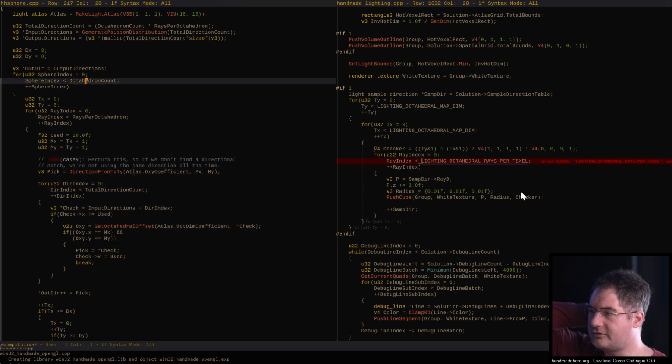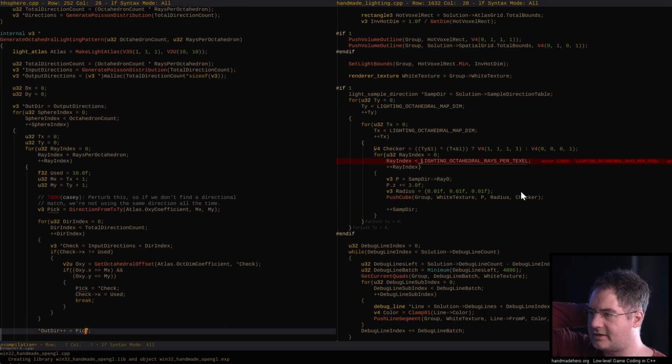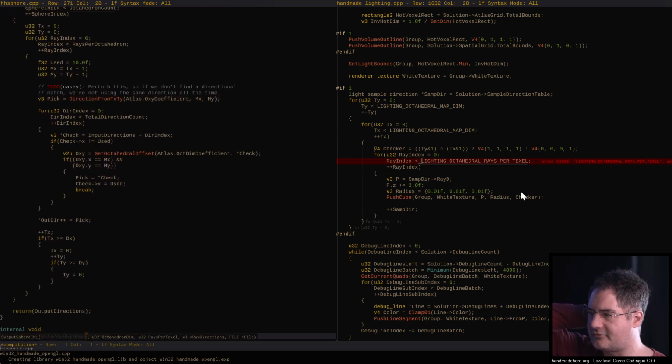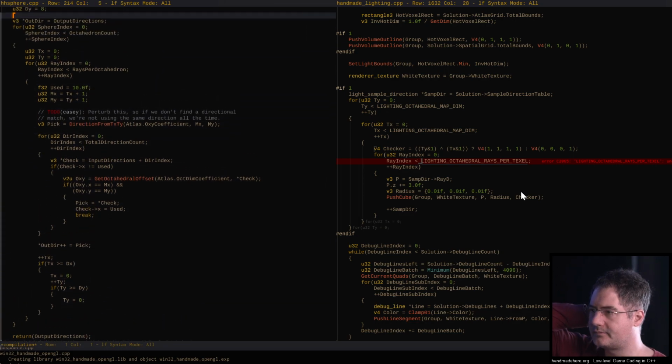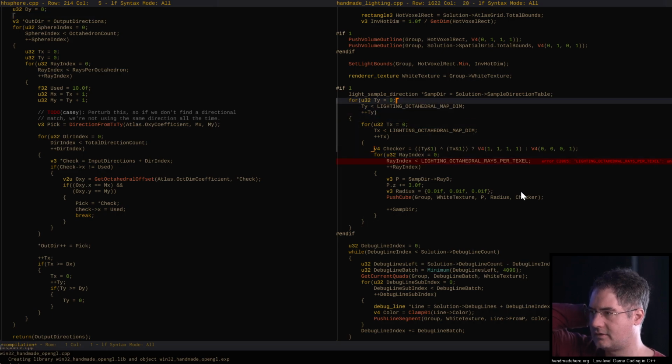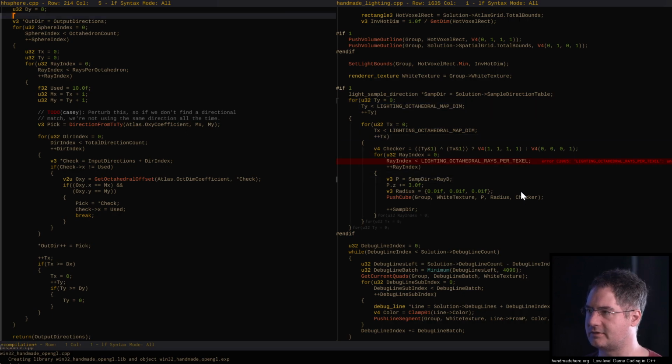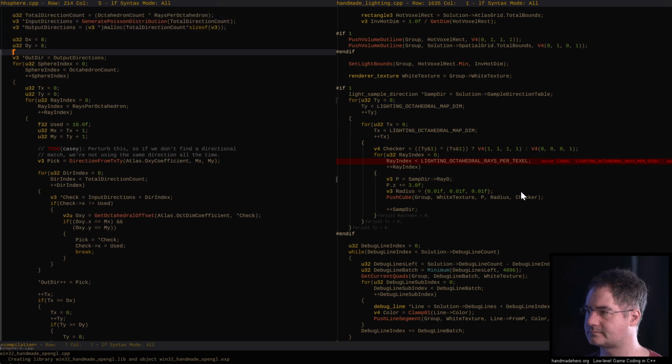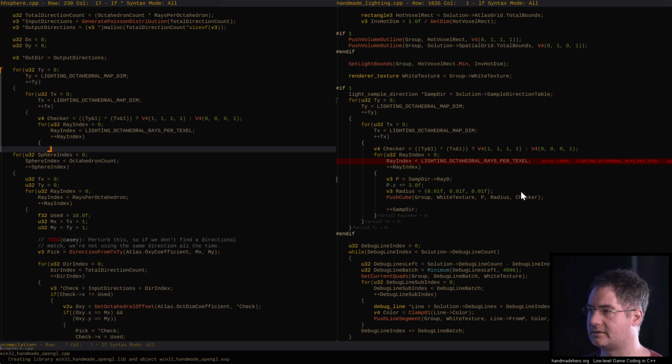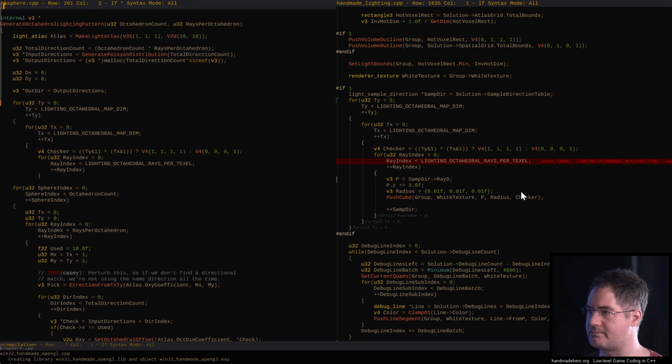Yeah, so this loop is kind of busted. So we probably want to fix this loop to look like this. Right? Like this wants to look like, I think, like this. So that we loop over the txty with the map dim.